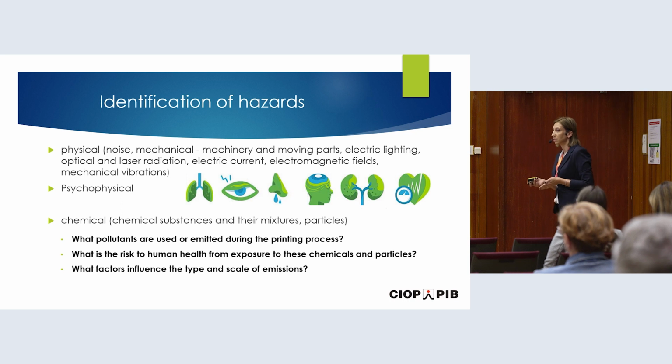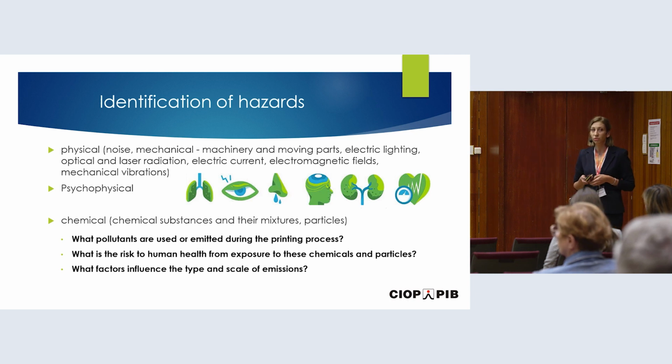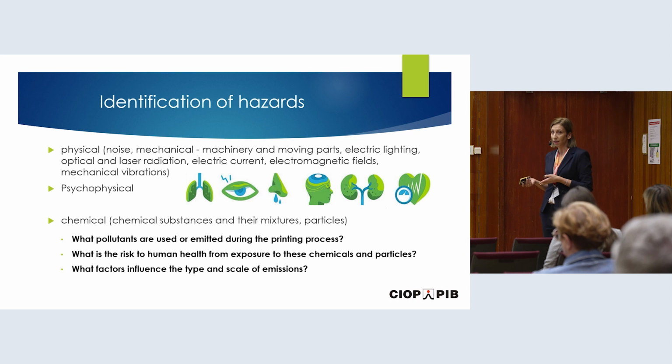I mean chemical substances and their mixtures, and also particles. To start assessing the risk in additive manufacturing, we need to think about what pollutants are used or emitted during the printing process, what the risk to human health from exposure to these chemicals is, but also what factors influence the type and the scale of these emissions.